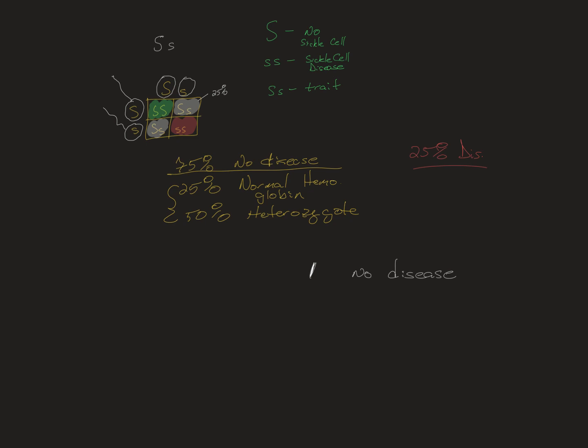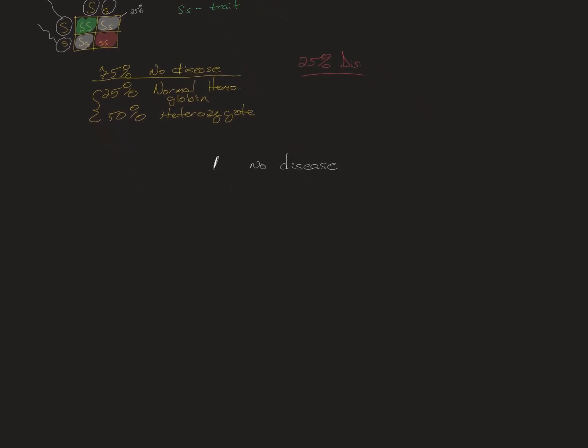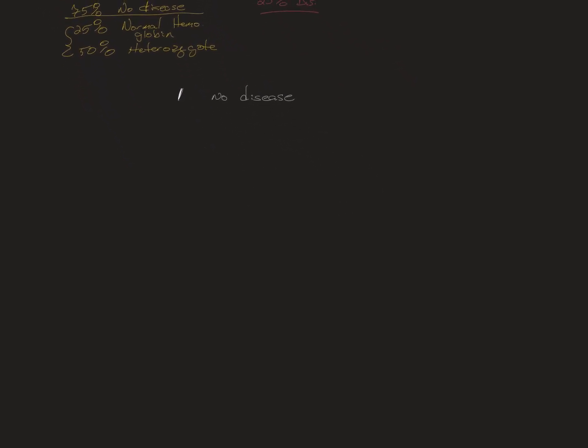So each child has a 25% chance. Each time you roll the dice, there's a 25% chance that you're going to get two little s's. But there's the trick to this, right? There's the product rule, isn't there, ladies?